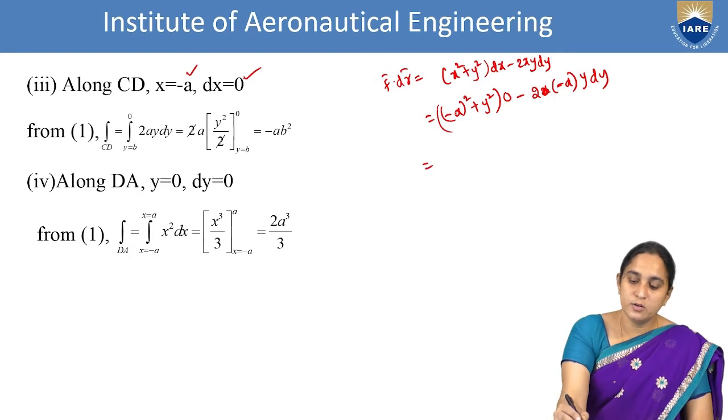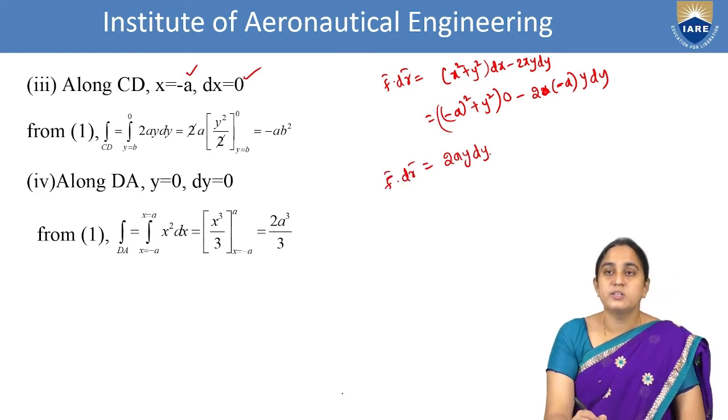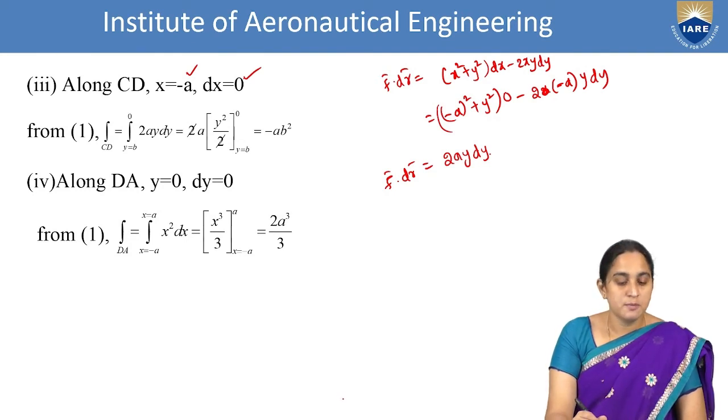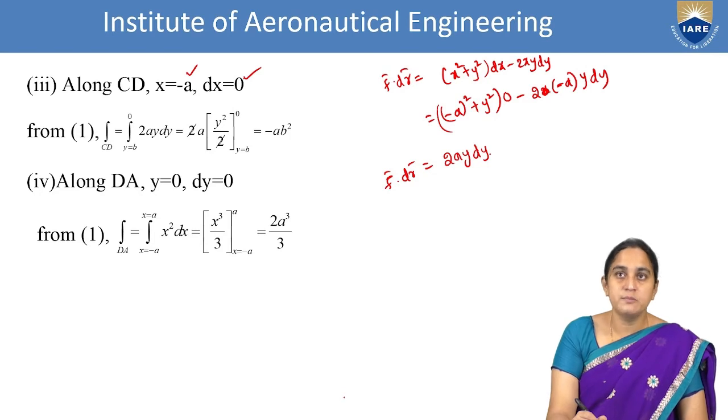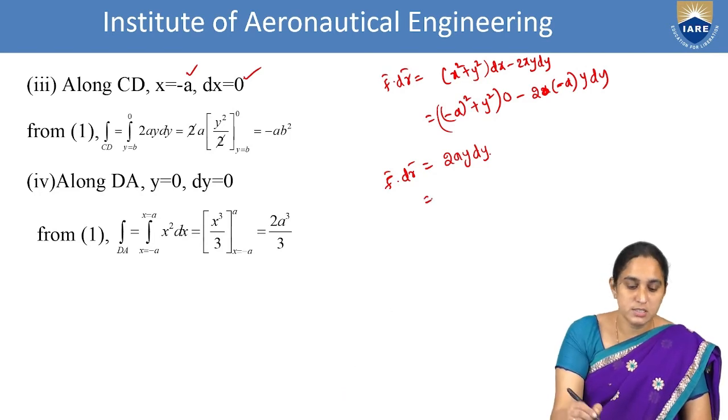That is equal to what? First part 0. Next one, 2ay dy. That is f bar dot dr bar. Once you observe, f bar dot dr bar is in terms of y, so take the limits as b to 0. Limit points y as b to 0, 2ay dy.